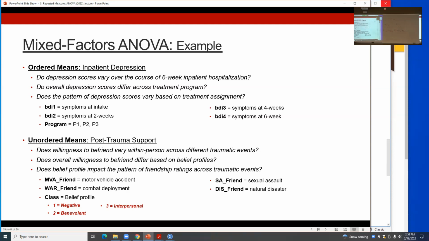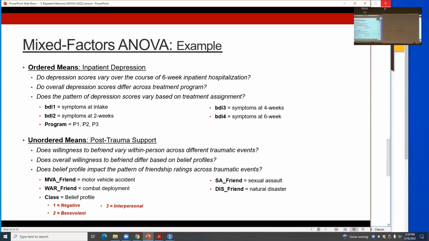And then what we've done is we've asked those people to respond to hypothetical vignettes about people who have been exposed to different types of trauma. They go through, read these vignettes and say, how willing would I be to maintain friendship with this person? What do we have? We have a 3x4 design.